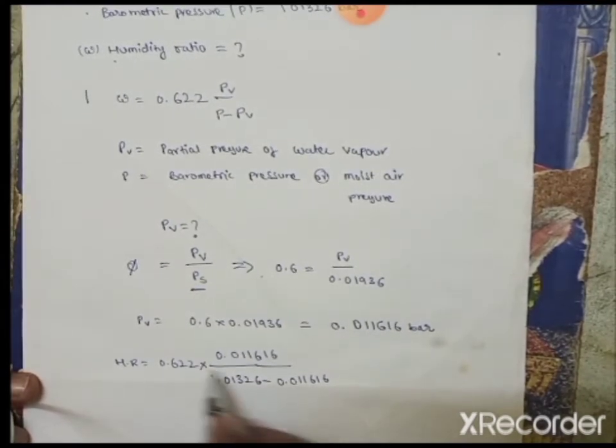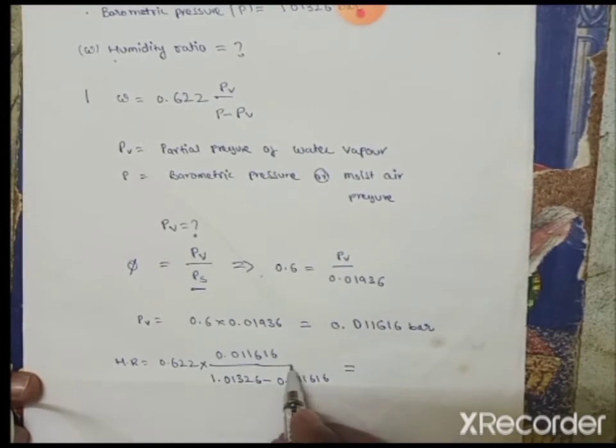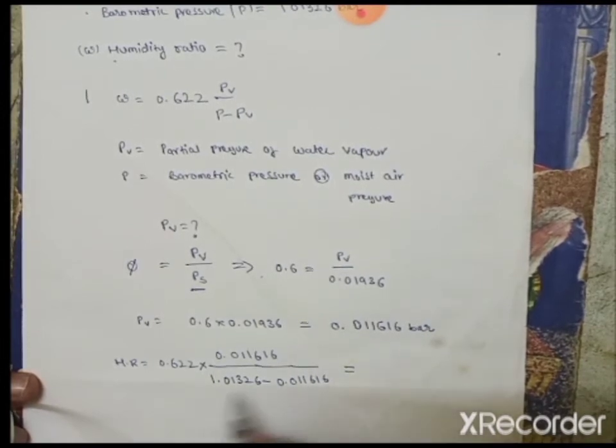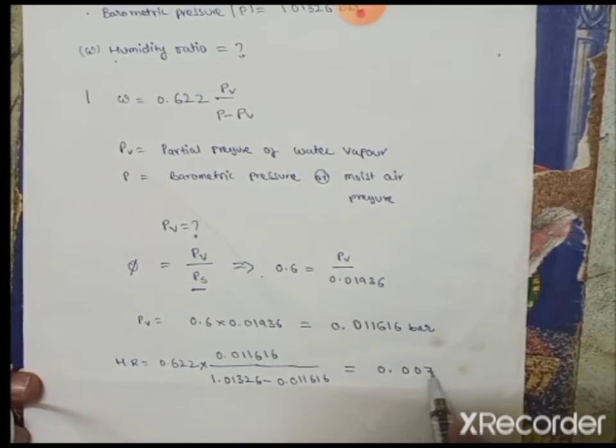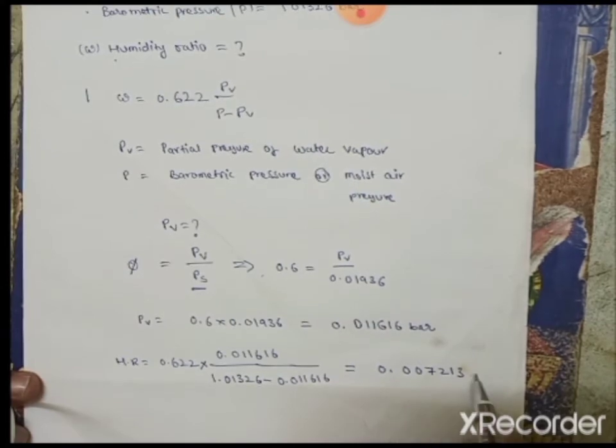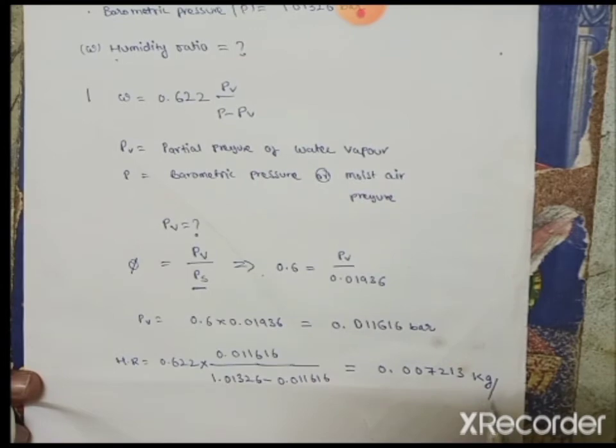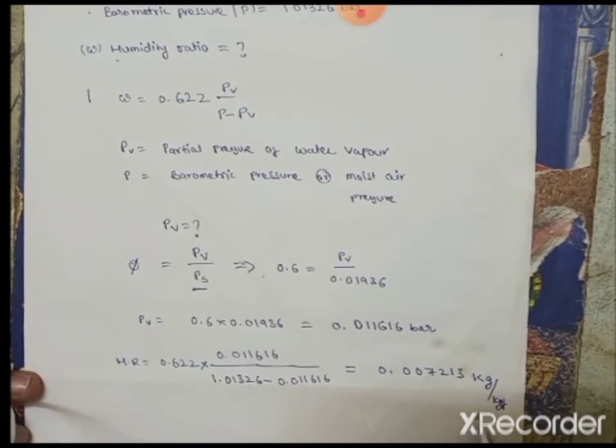So from the calculation we get the final value equal to 0.007213. The units are kg per kg of dry air.